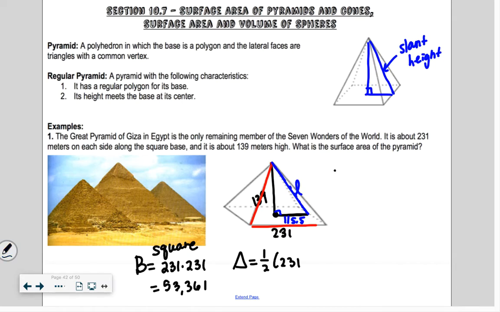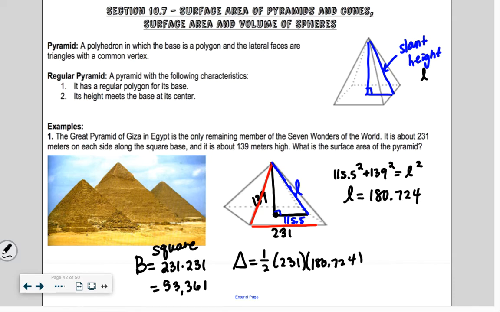So we're going to do 115.5 squared plus 139 squared is equal to L squared. Let me find it. The square root of 115.5 squared plus 139 squared. We end up getting L is equal to 180.724. Is that after you square root it? It is after I square rooted it, yep.